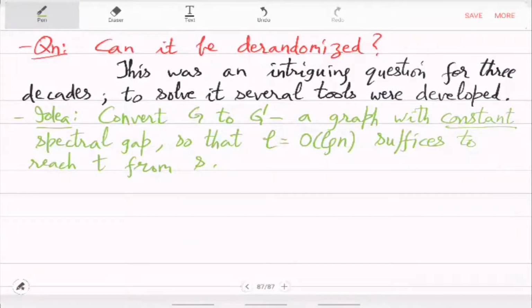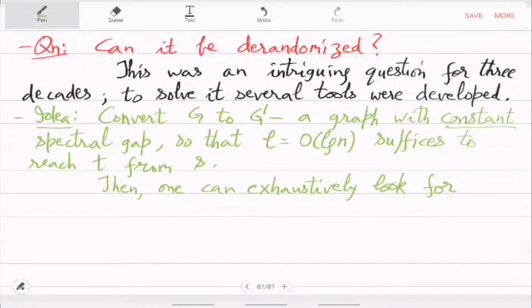Just reduce the error to be inverse polynomial in n. So for that L log n will suffice. So once this is achieved, then one can exhaustively look for all log n length paths from S.